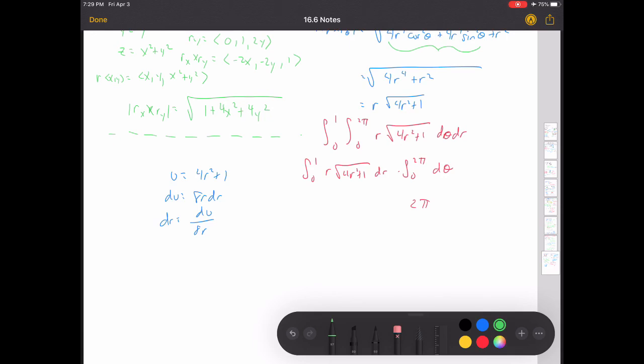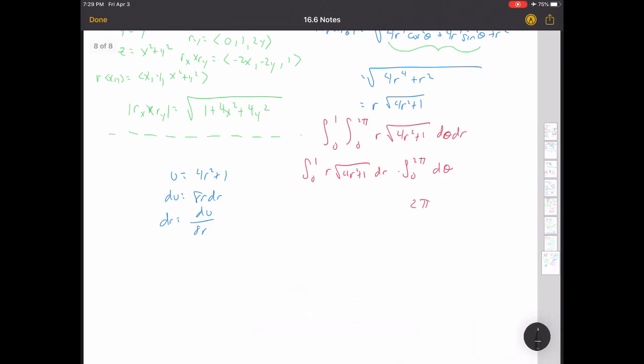So changing the bounds, we're going to get the integral from 1, plugging a 1 in, we get 5. Yeah, that looks right. Of r square root of u du over 8r, and then times 2 pi still from out here.